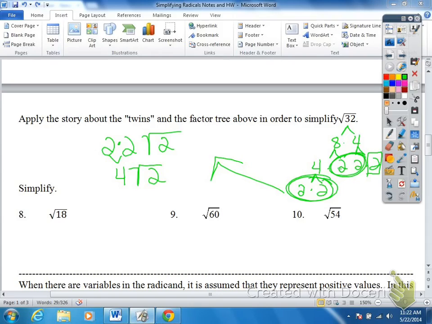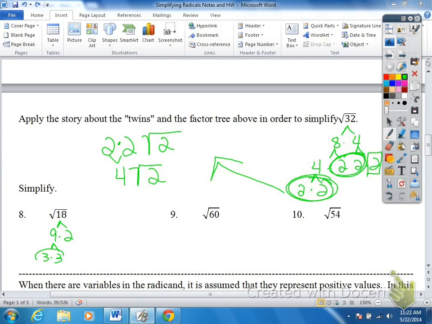So if I start looking at these practice problems right underneath here, numbers 8 through 10, I'm going to do each of those by making a factor tree. I'm going to start with the square root of 18, which we can break down into 9 times 2, and then 9 breaks down into 3 times 3.